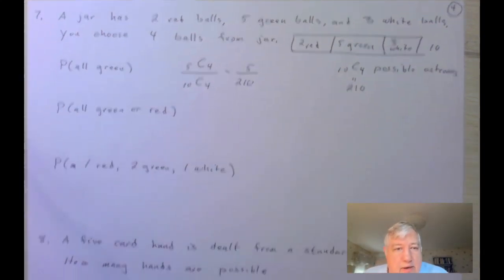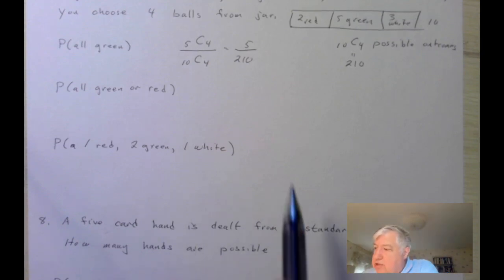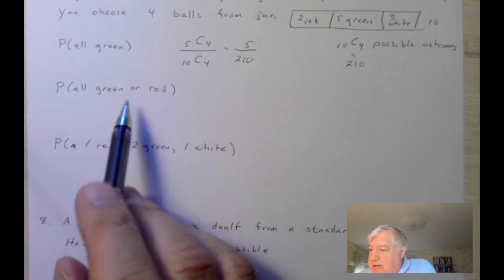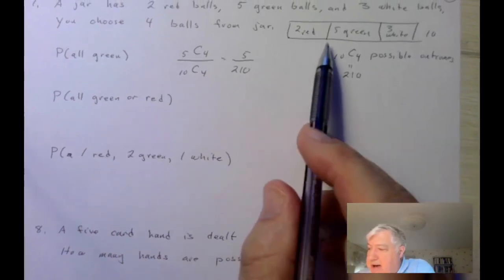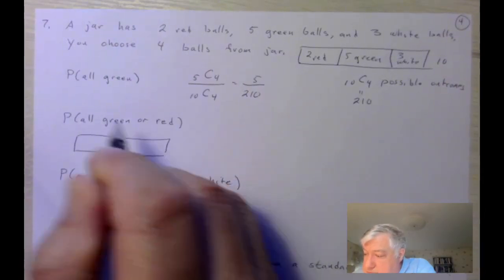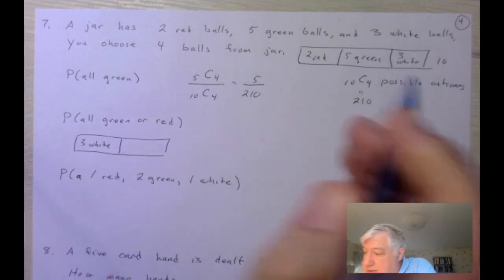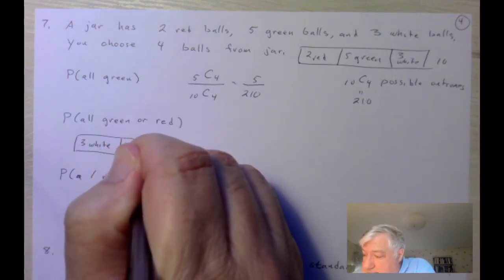All right. Let's say all green or all red. So basically, we want a problem of all non-white. One way to look at this is, instead of this situation, let's say there are 3 white and 7 not white.